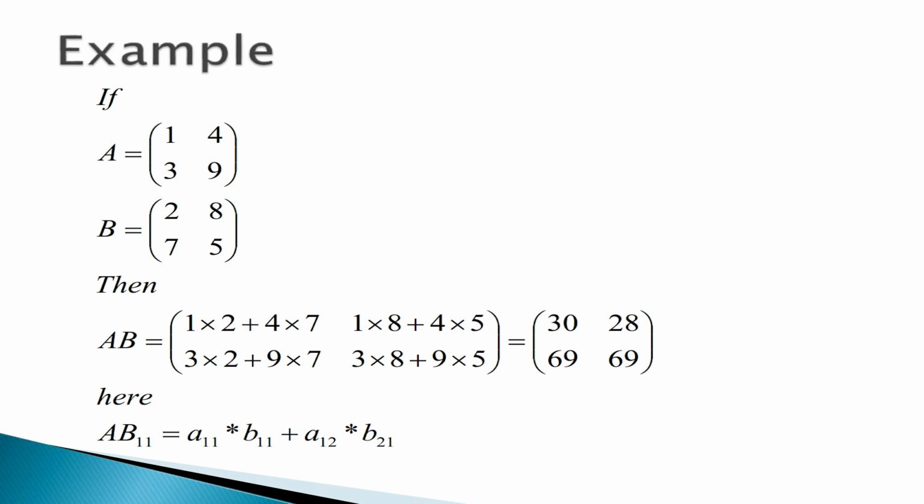Similarly, the second row of the first matrix with the first column and second column of the B matrix, that becomes 3 into 2 plus 9 into 7. Similarly, the fourth element we can have 3 into 8 plus 9 into 5. That becomes the AB matrix 30 28 69 69. That is the first row containing 30 and 28 and the second row containing 69 and 69.